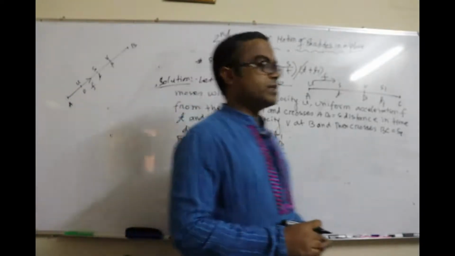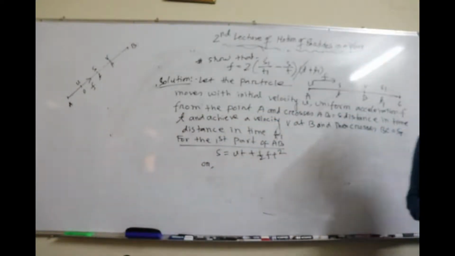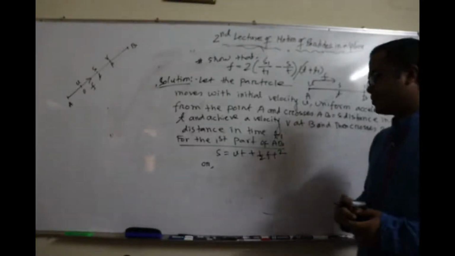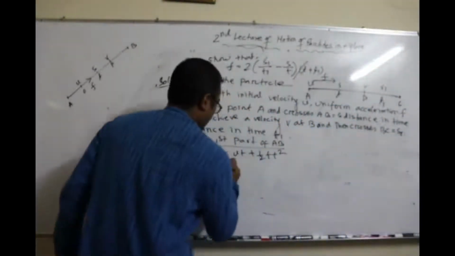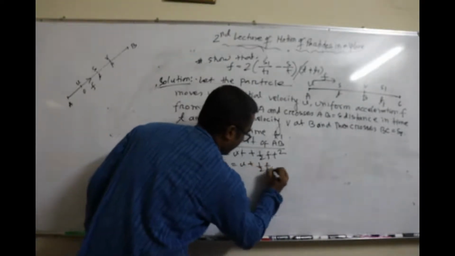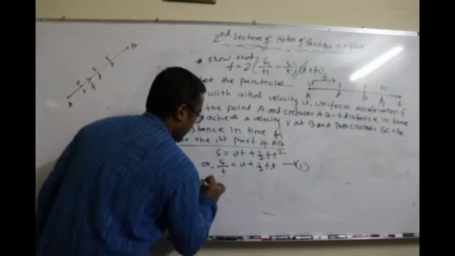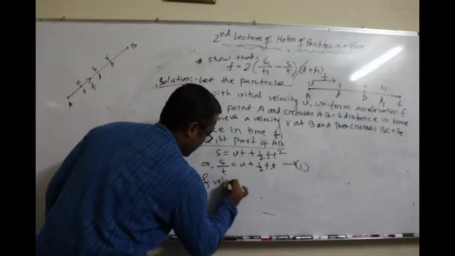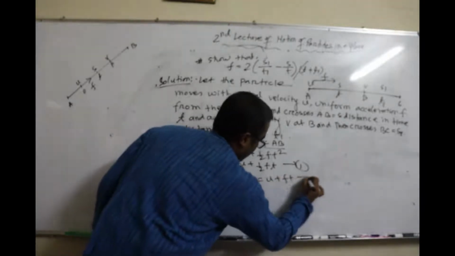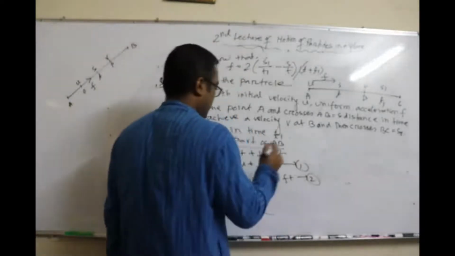Then dividing both sides by t, you get s by t equal to u plus half of ft. This one you can consider equation 1, and velocity v equal to u plus ft, this one equation 2. Okay, first part is finished.